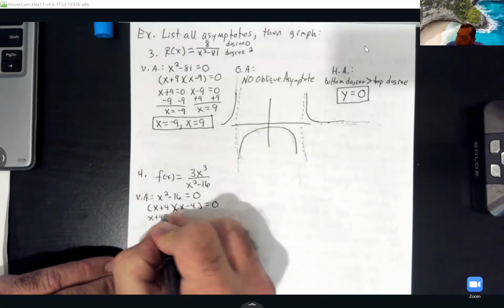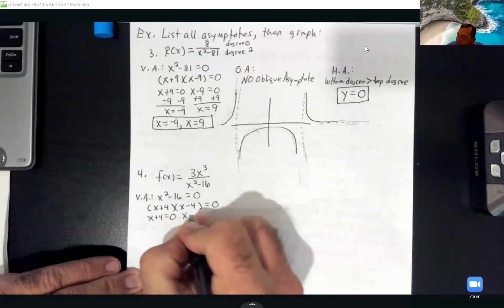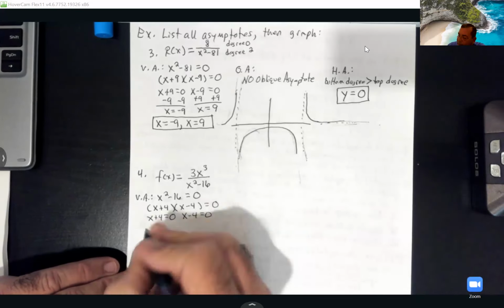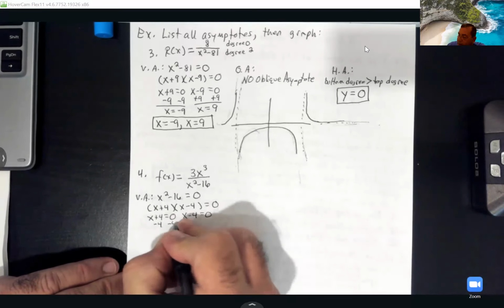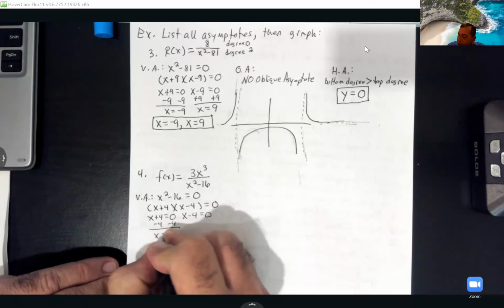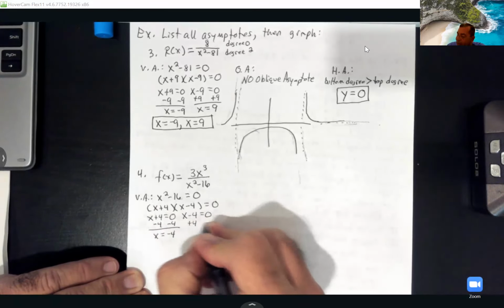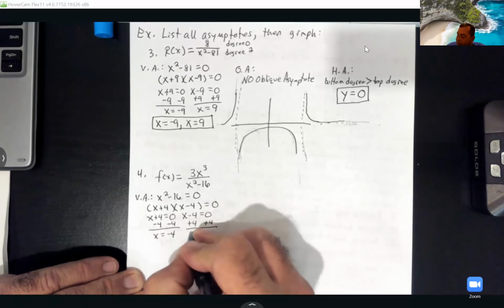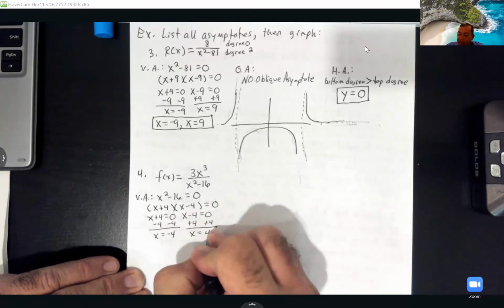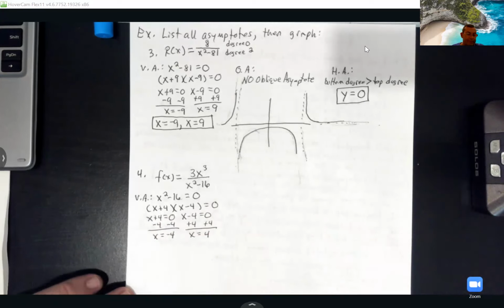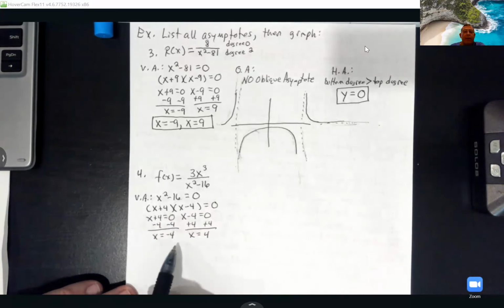So set both of them equal to 0. We subtract 4 on the first one and get -4. We'll add 4 on the second one and get a +4. All right, so those are both my vertical asymptotes.